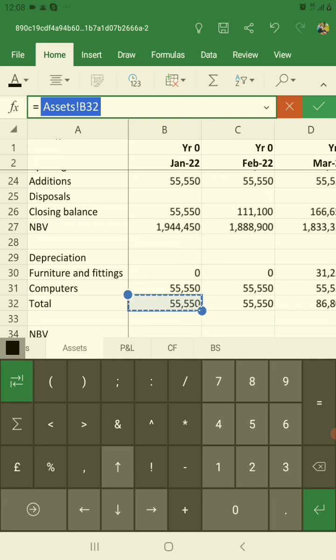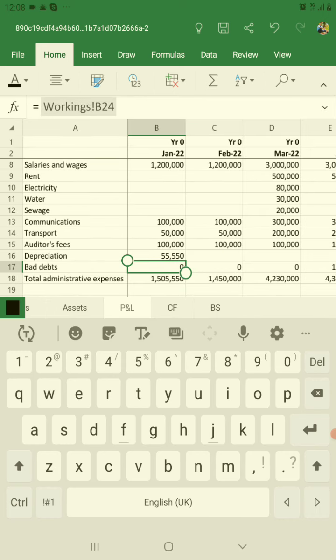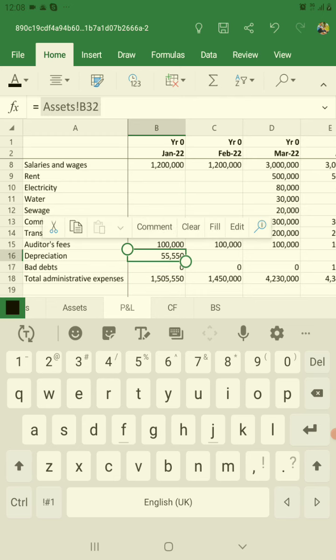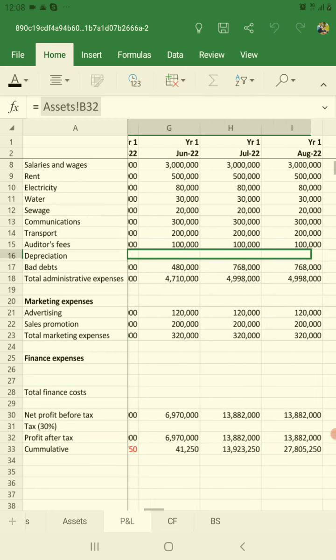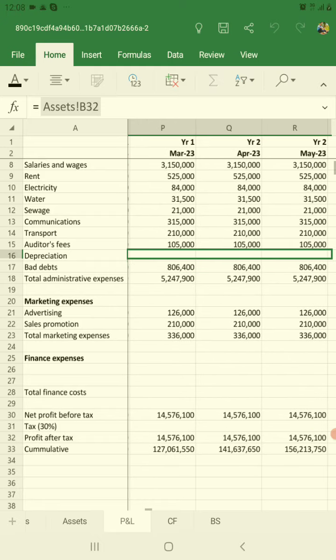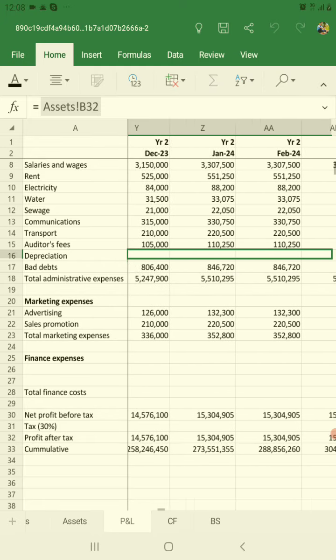So I enter, and this formula is going to be true throughout, so I tap to fill throughout our projected periods.